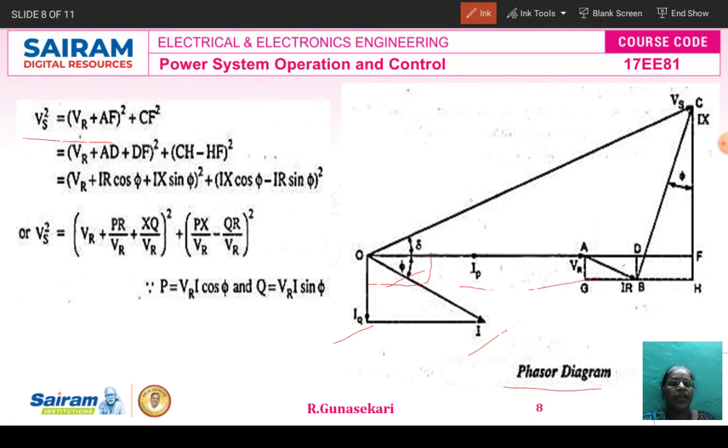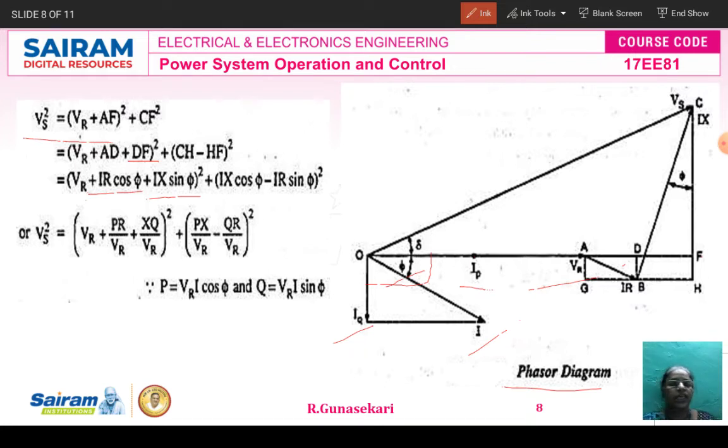AD is IR cos phi, which is the resistance drop based on the active component, I cos phi being the active component. DF represents IX sin phi, which is the reactive drop, I sin phi being the reactive component of the current I.